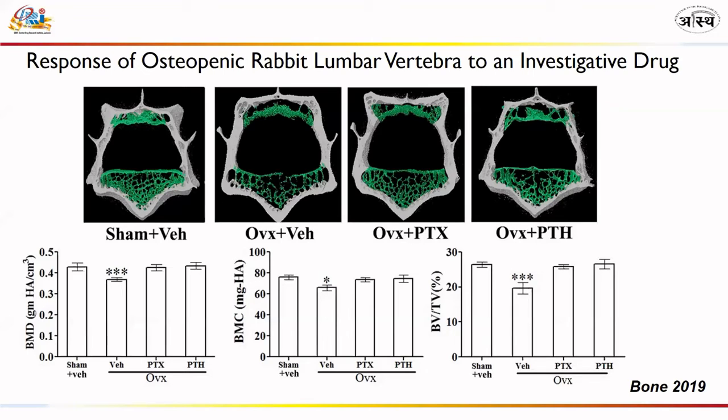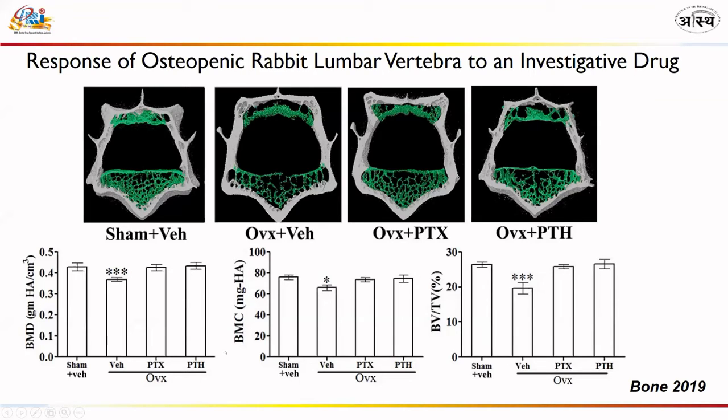Here I'm giving an example from a rabbit study which we did with an investigative drug, actually more towards therapeutic repurposing. This is a phosphodiesterase inhibitor, pentoxifylline, PTX, and it was compared with PTH, or rather teriparatide. It was not full-length PTH, it is the 1 to 34 PTH, teriparatide.